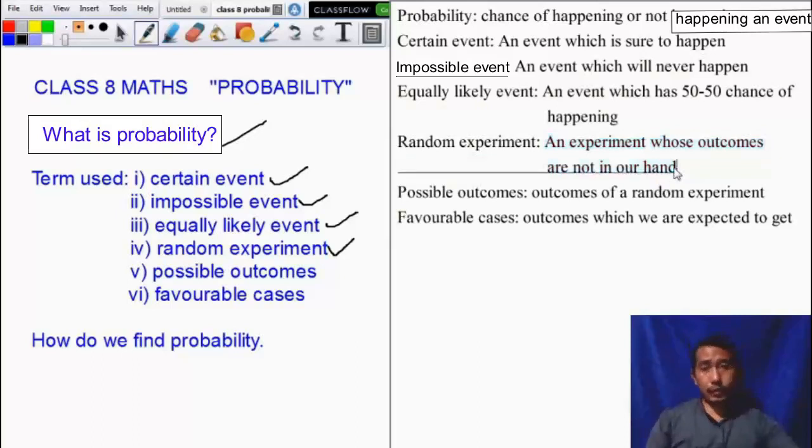That kind of experiment is called a random experiment. And the fifth point, the possible outcomes. Possible outcomes means the outcomes of a random experiment. So if we toss a coin, we can get head or we can get tail. All those are called the possible outcomes.